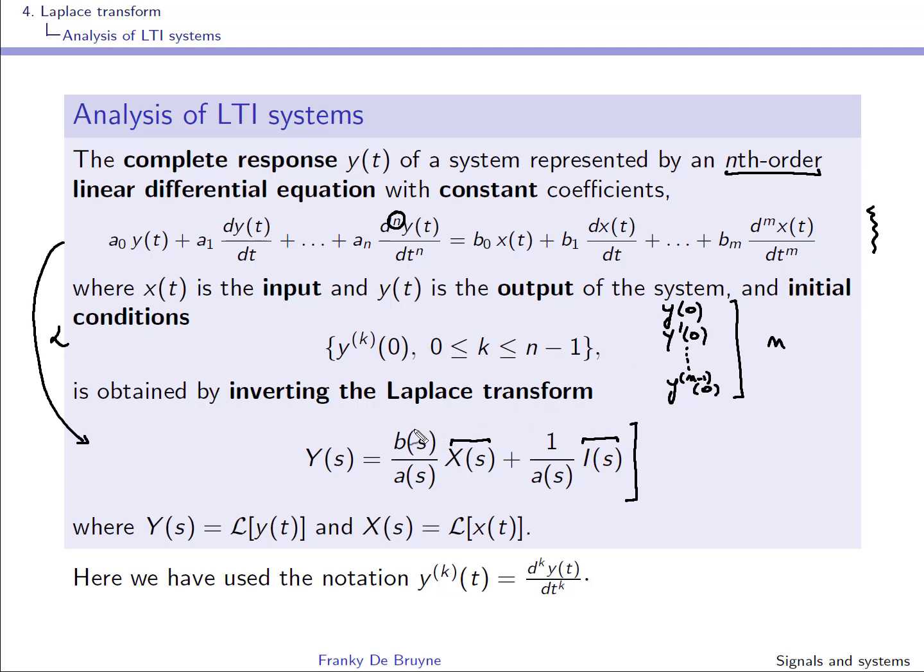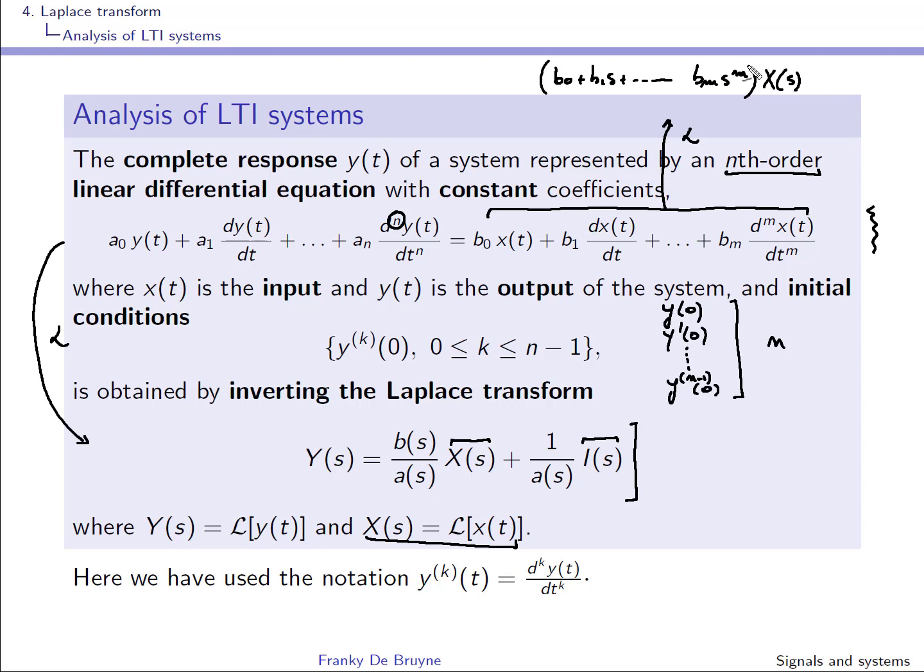Okay, and you have two polynomials, b and a. You can kind of see what will happen, for instance, if you take the Laplace transform of this one. So you'll have b0 plus b1 s plus ... plus bm s^m times the Laplace transform of x, and that will be X(s).